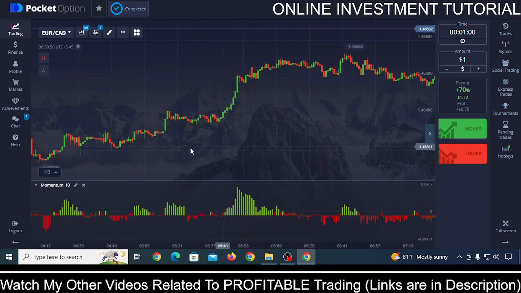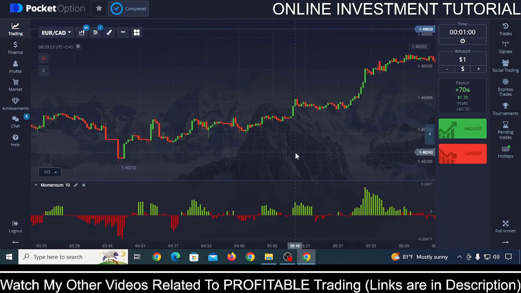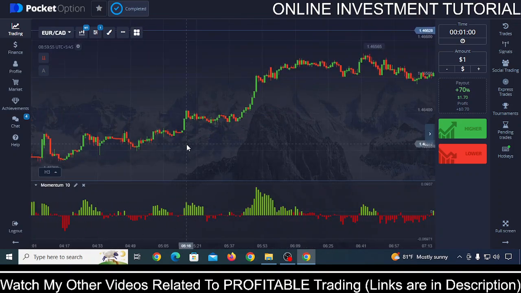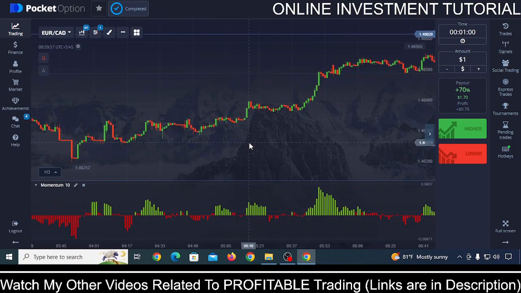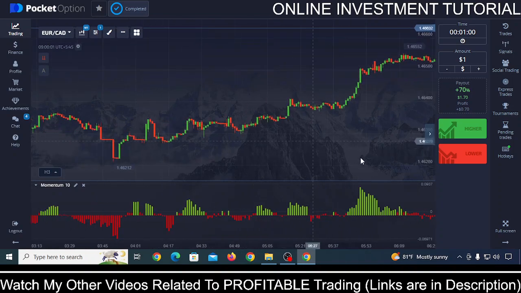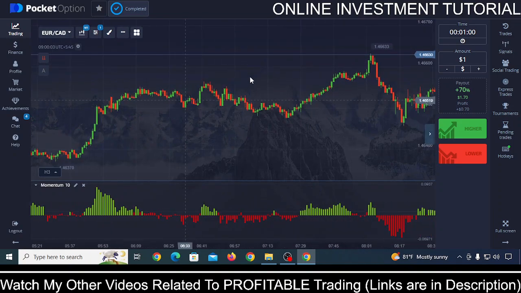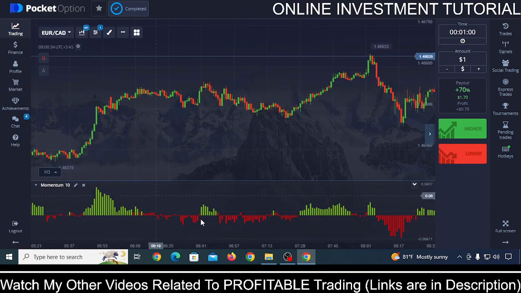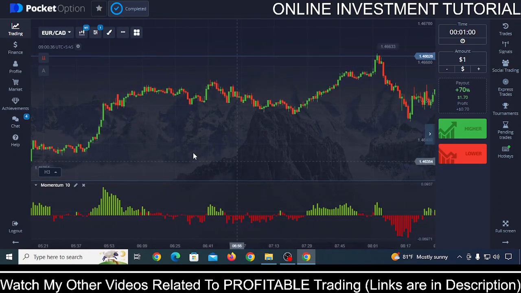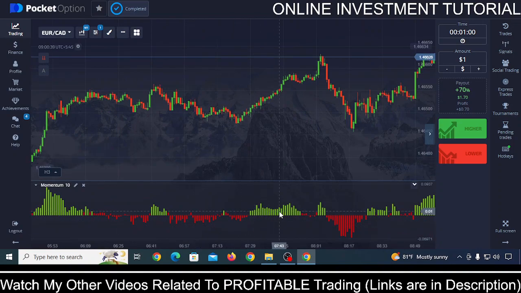One important thing you always need to know is that most indicators work like a charm whenever the market is in a trend, either going upward or downward, instead of range bound. The way to use this indicator is: whenever it is showing a green histogram, you need to trade in the upward direction, and whenever it is showing red, you need to trade in the downward direction.